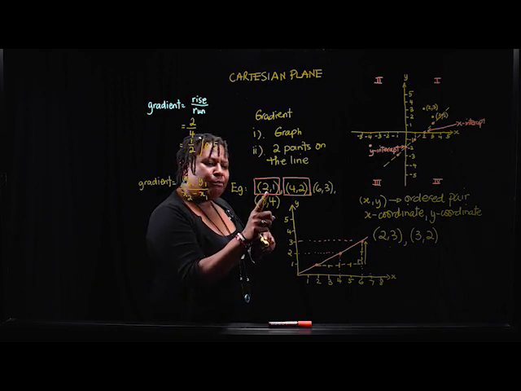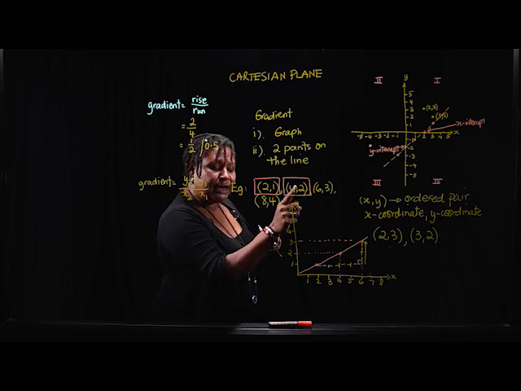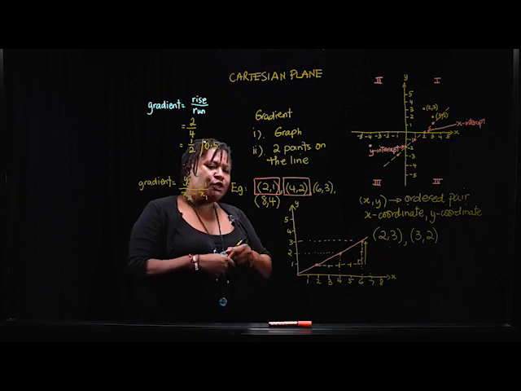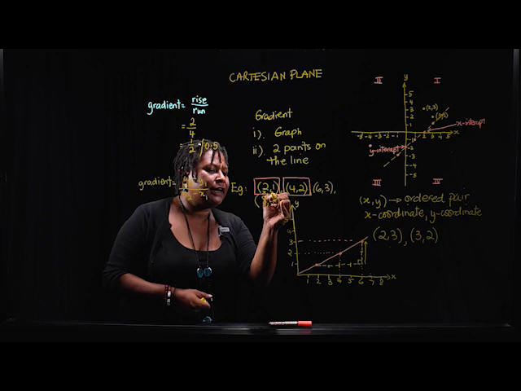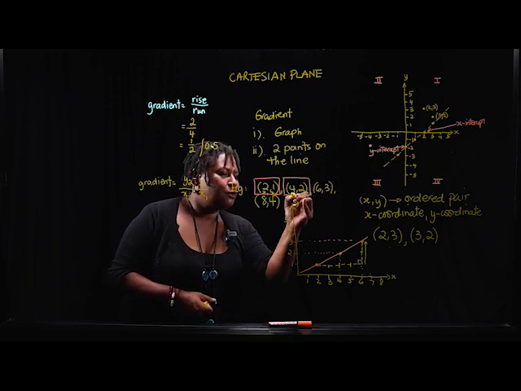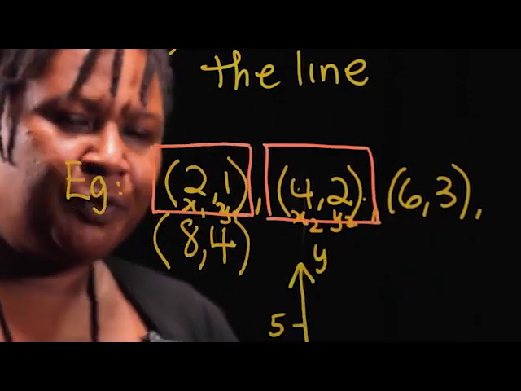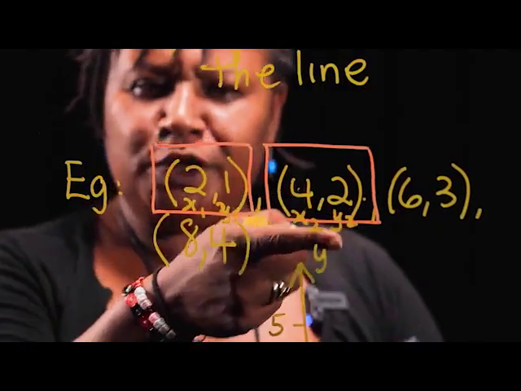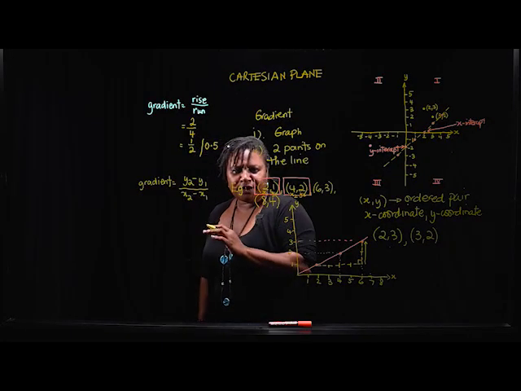This is point number 1 and point number 2. So we say that this is x1 and y1, and this second point will be x2 and y2. Once you've identified those points, you simply substitute them into your equation.